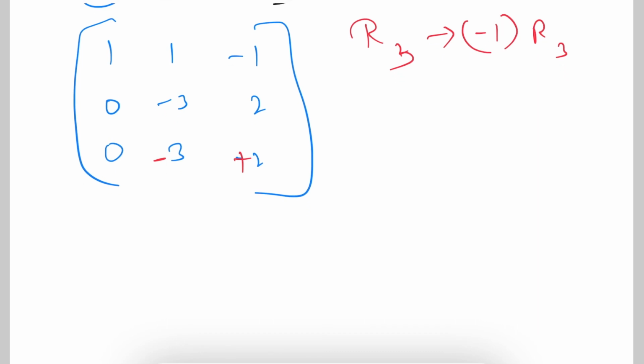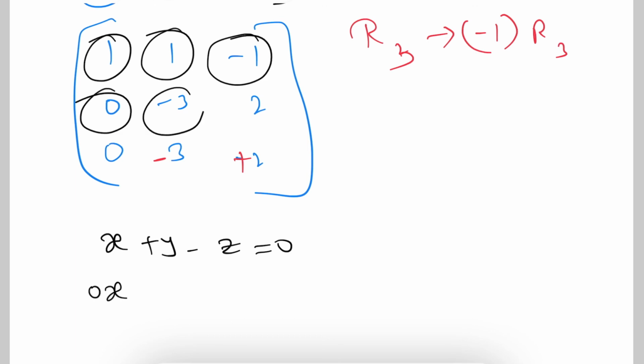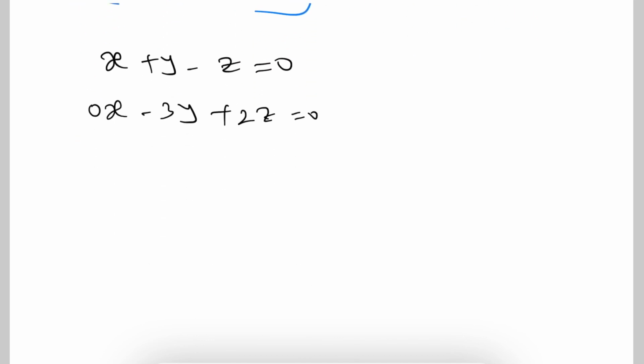So now this is the x coefficient, this is the y coefficient, this is the z coefficient, right? So if you write the equation for that, x plus y minus z equals 0. The same way, this is the x coefficient, so 0x, no need at all. This is the y coefficient, so minus 3y, and this is the z coefficient, plus 2z is equal to 0.